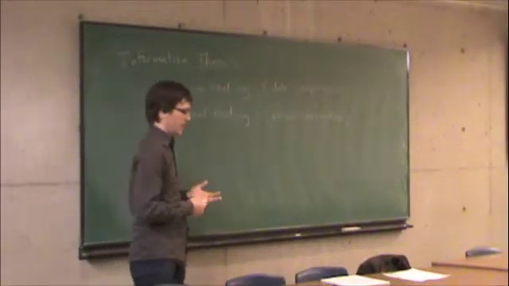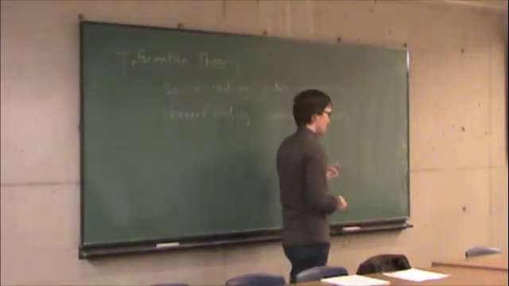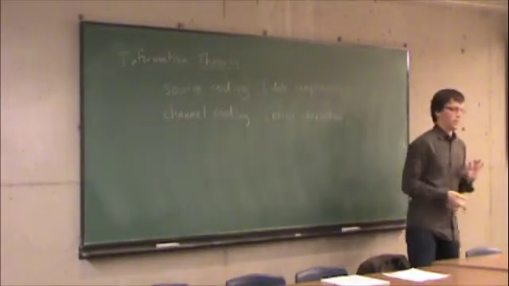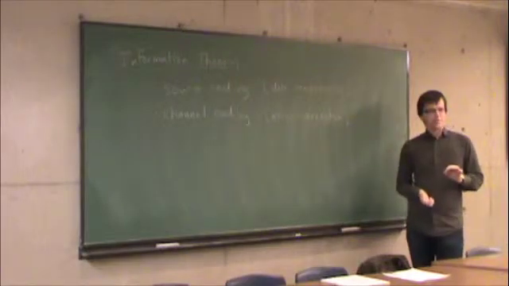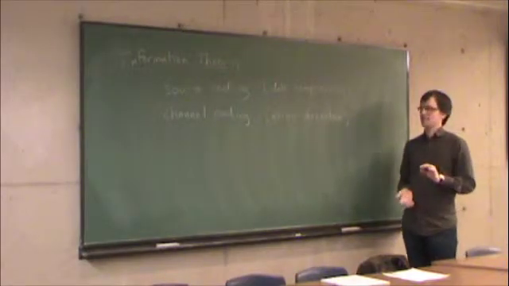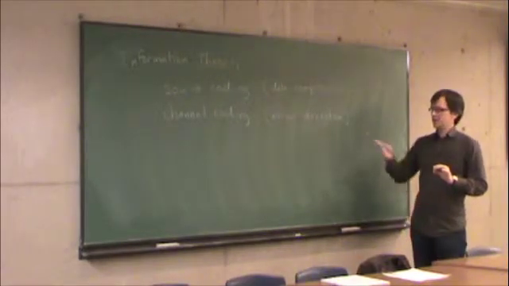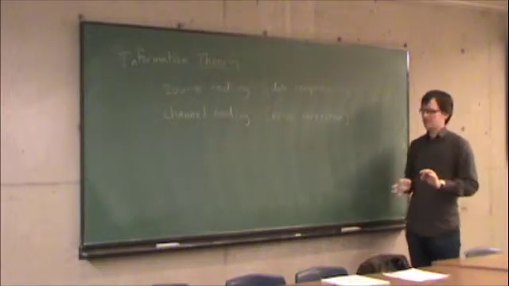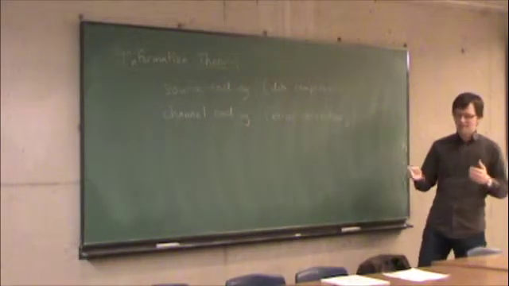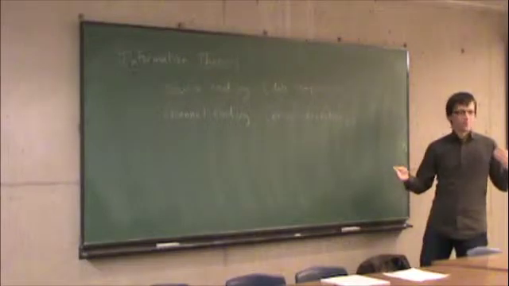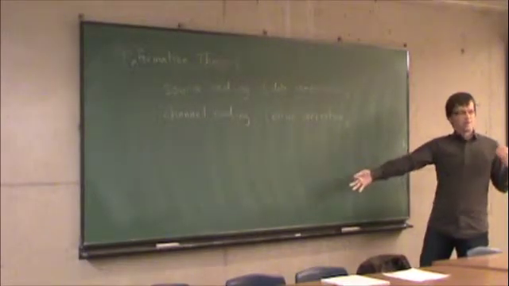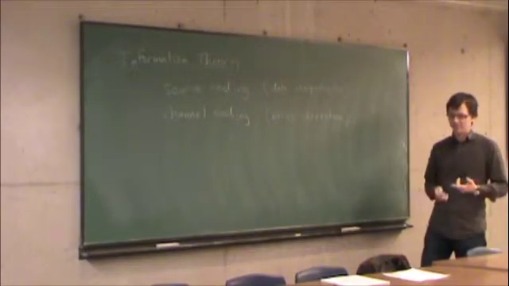Channel coding is the other side of this. If I give you a channel and I say in this channel the probability of error is 10 to the minus 3, and you say, well, that's not good enough, what I really need is 10 to the minus 5, that's where channel coding comes in. In channel coding, you have a sequence of bits, and then you add some redundant bits. Those redundant bits can do one of two things.